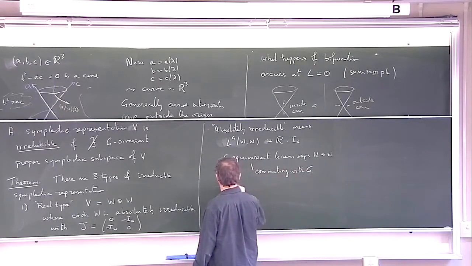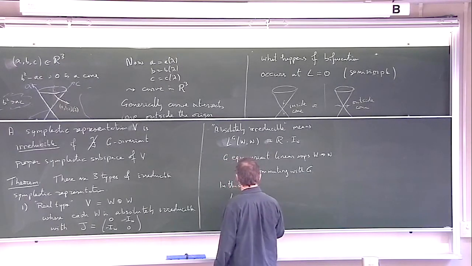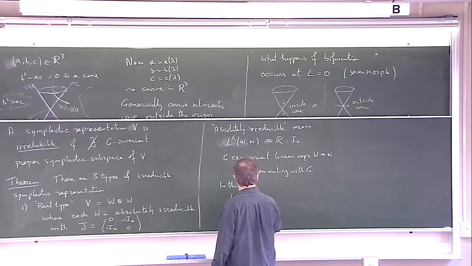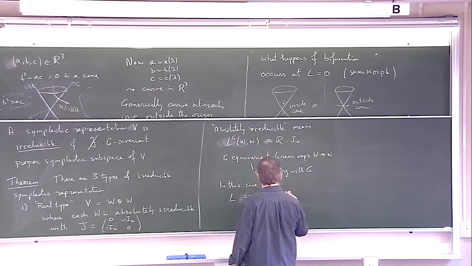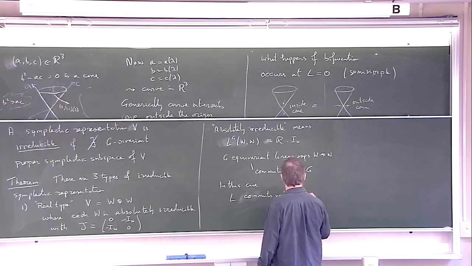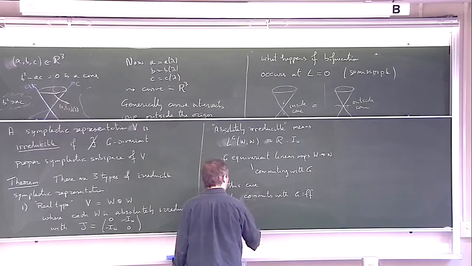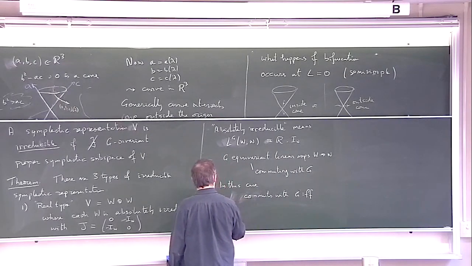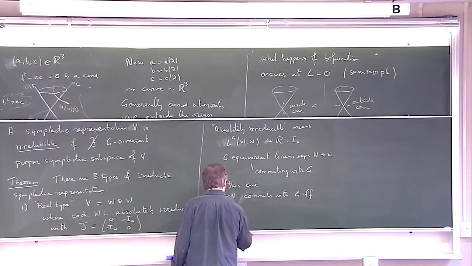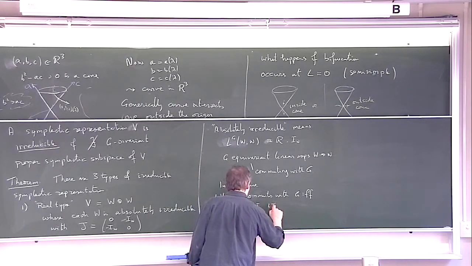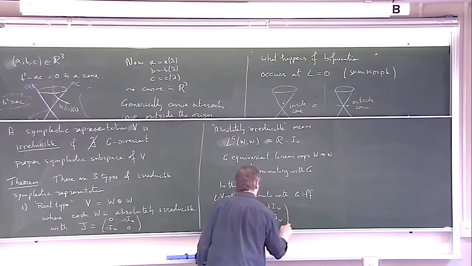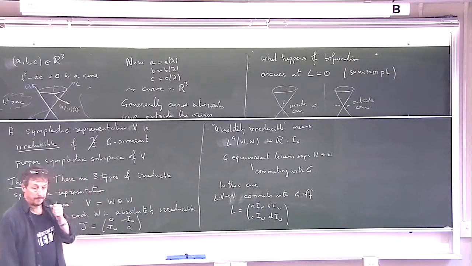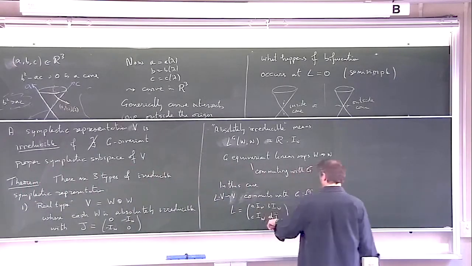So in this case, L is just copies of the identity matrix.